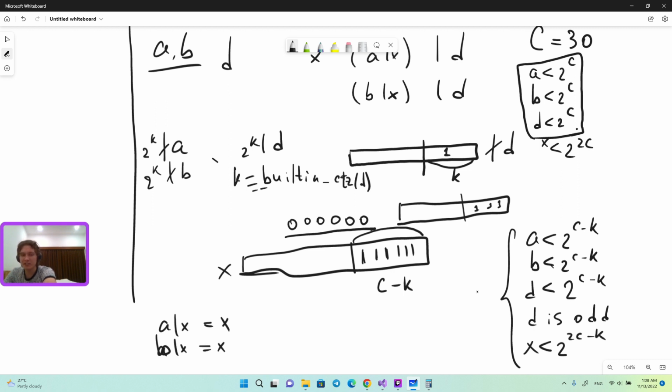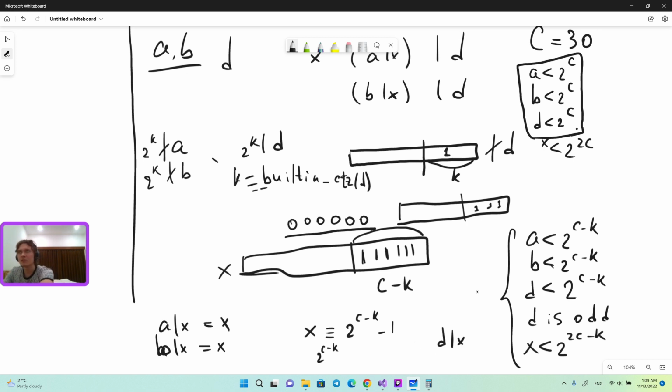So all I need is that x is equivalent to 2 to the c minus k minus 1 modulo 2 to the c minus k, which is equivalent to this number having all ones in the last c minus k positions. And the second thing is that x is divisible by d.